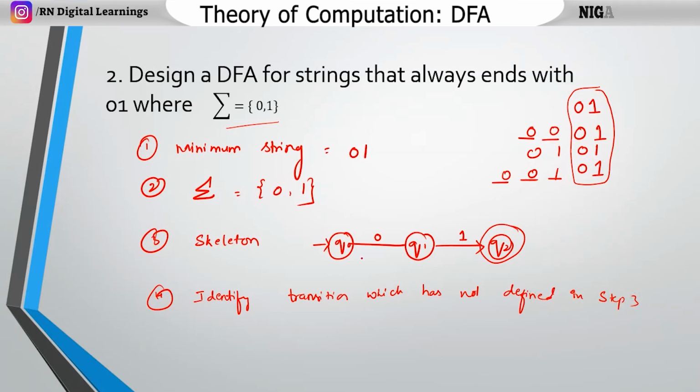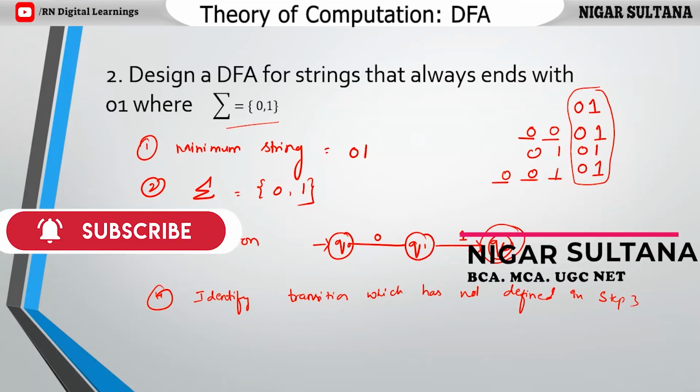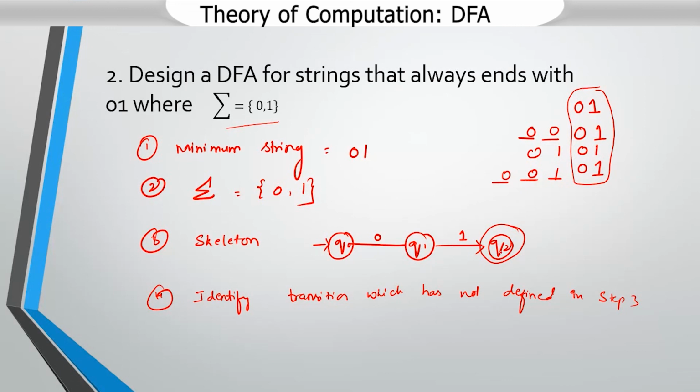So now from Q0 we have only 0. We don't have 1. Now we need to draw 1 from Q0. And from Q1 there is only 1. There is no 0 input. And from Q2 there is no 0 nor 1.